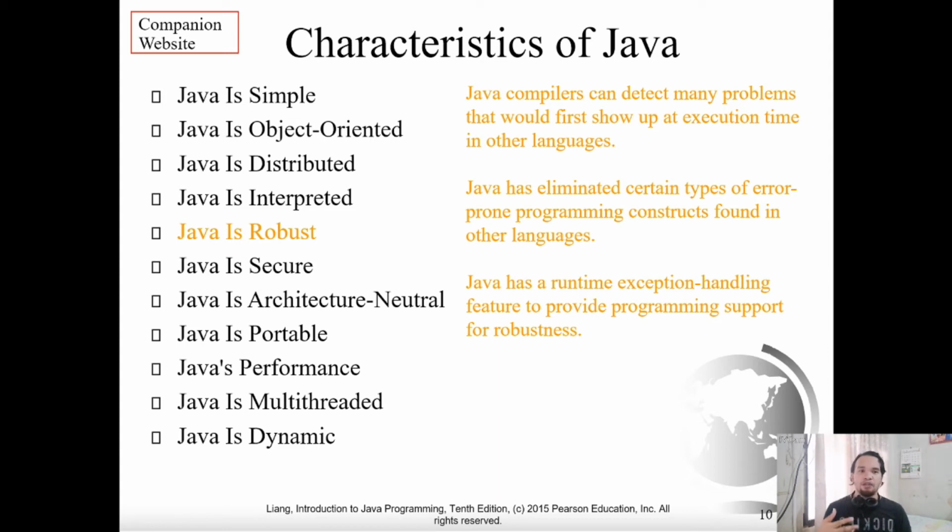If something is wrong, it will not proceed with compiling. It will give an error, telling the programmer that there is something wrong syntactically with your program. It will not compile that, and you need to fix that first. That is one of the robustness features of Java compilers. Java has also eliminated certain types of error-prone programming constructs found in other languages.